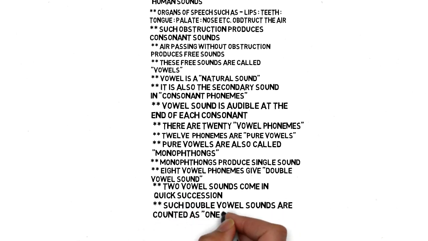Please note here that we are not going into details of all organs. On the contrary, if there is no obstruction by any of these organs and the air passes the oral cavity without touching any one of them, the sound produced is called a free sound. This free sound is what we call vowels.